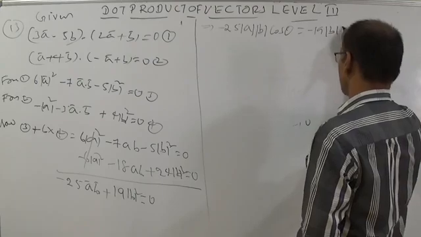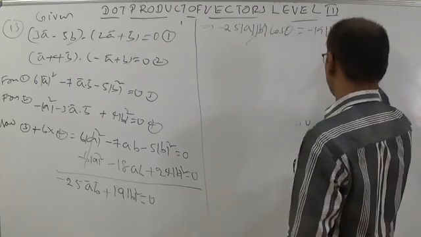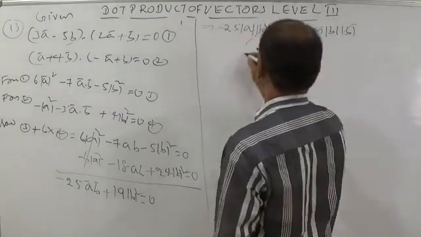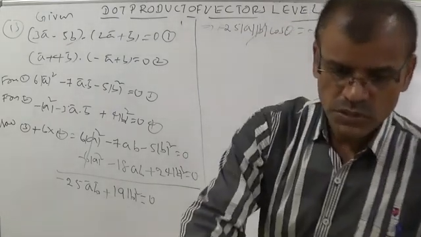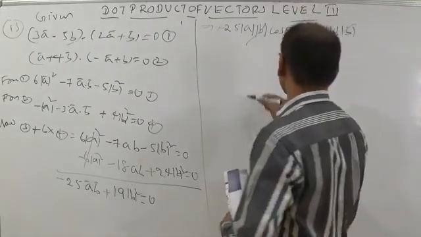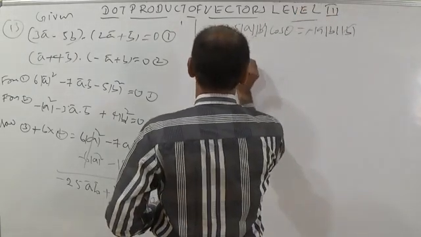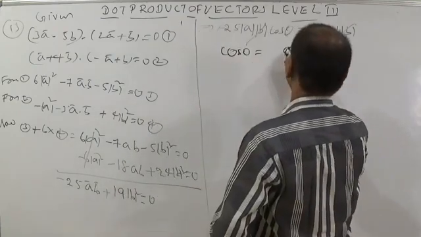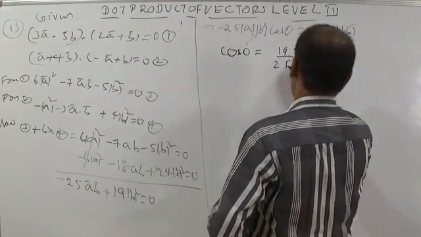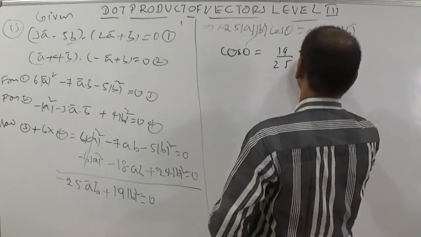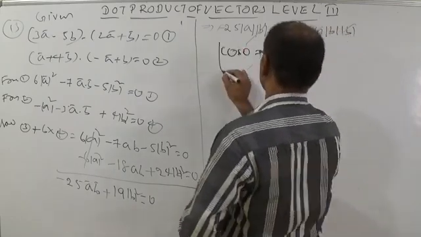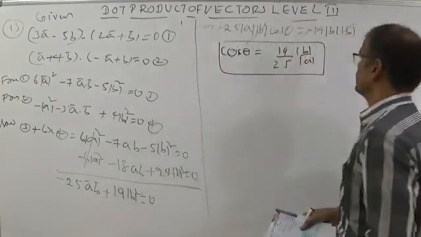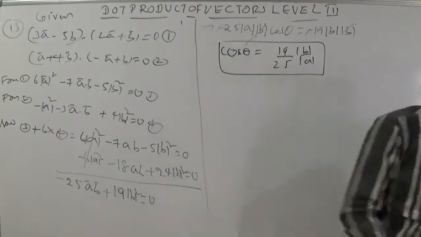We can cancel |b|, and the minus signs get cancelled on both sides. Then cos θ is equal to 19/25 times |b|/|a|. Let us put it in a box, it will be useful.